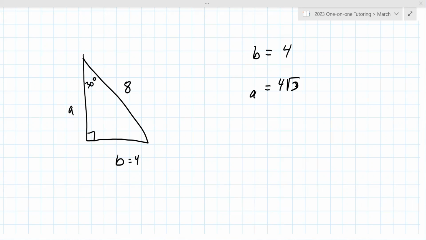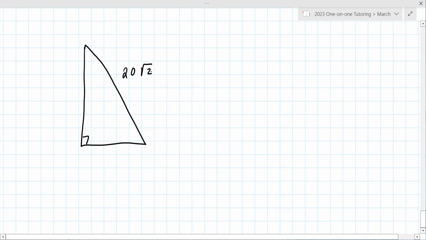Just got to make sure these are okay. So let me give you a couple of roots here. All right, let's say the hypotenuse is 20 square root 2. What is A and what is B in this problem?